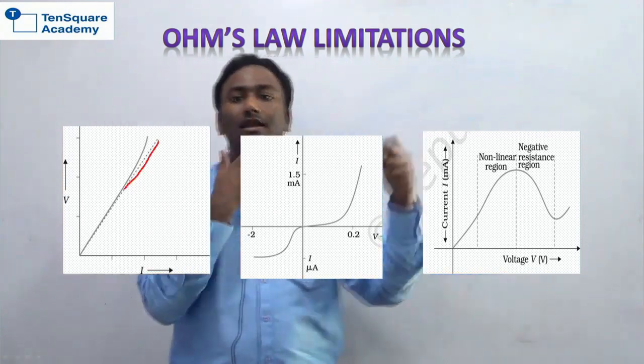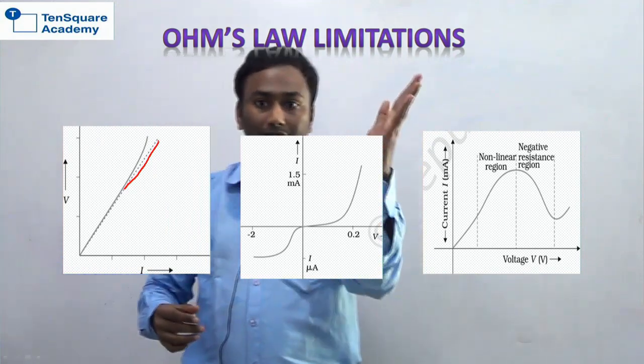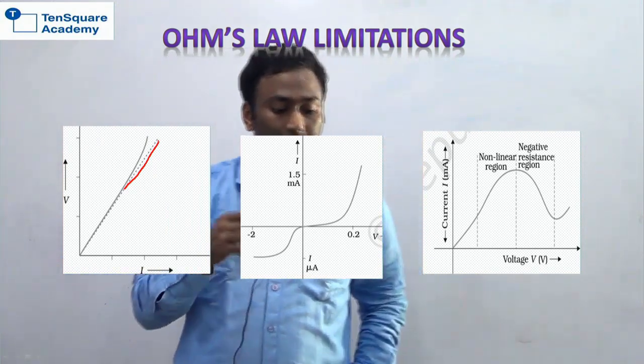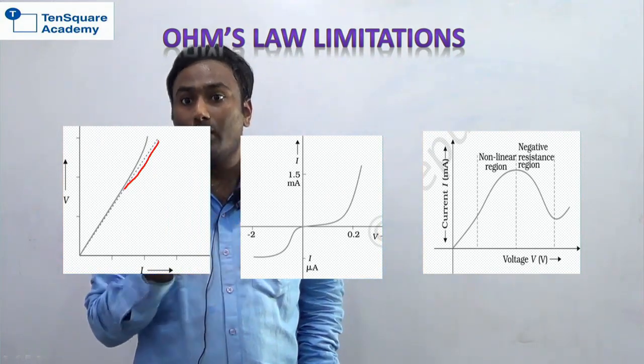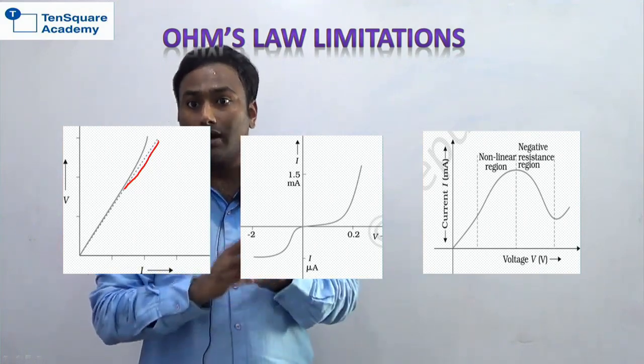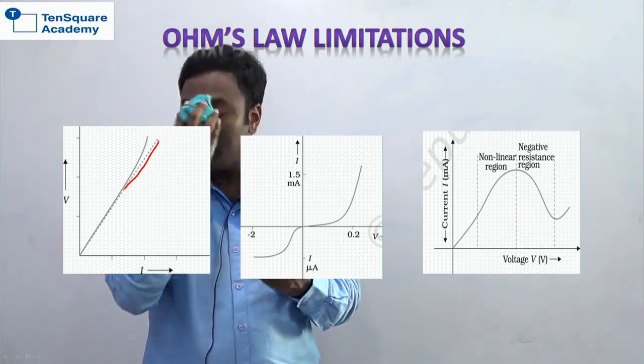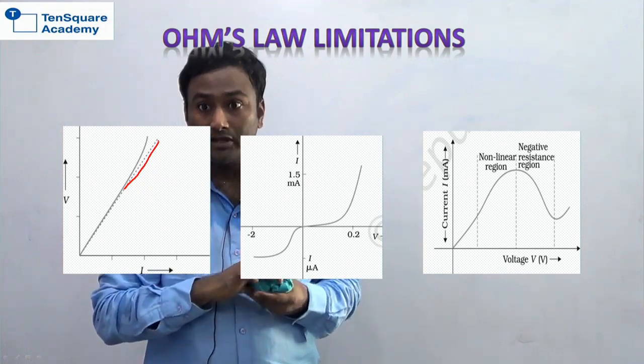The expectation is a straight line. However, it actually bends the other way. That is because of the heat produced in the wire due to the high current. So, at that stage, current and voltage will not be linearly proportional.